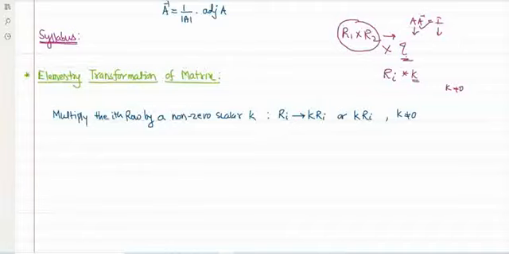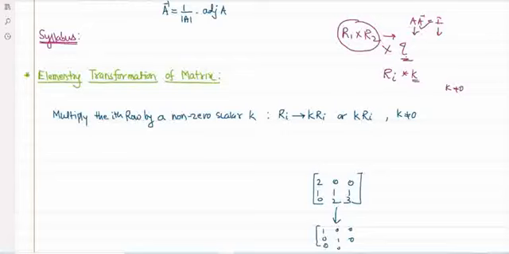You are finding the inverse of this matrix: 2, 1, 0, 0, 1, 2, 0, 1, 3. What is our target? Suppose you want to reduce this matrix to the identity matrix, that means 1 0 0, 0 1 0, 0 0 1. So what is your first transformation for this matrix?